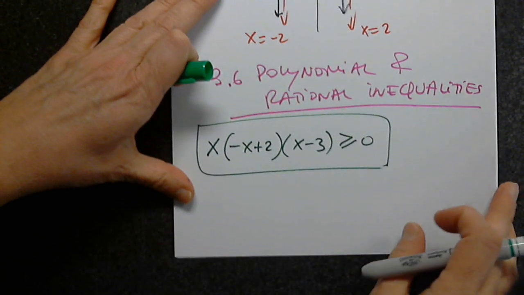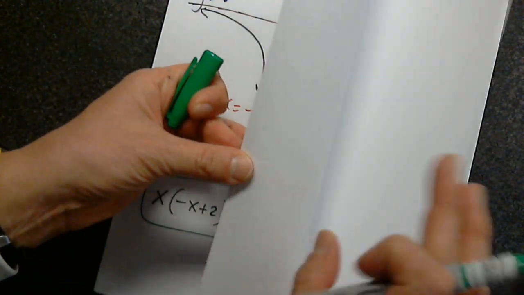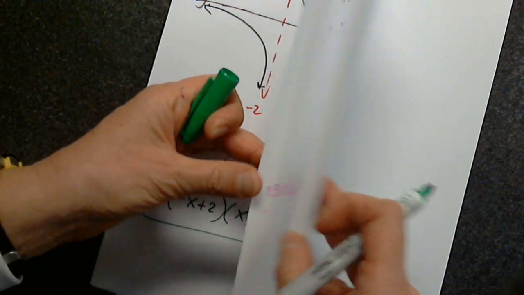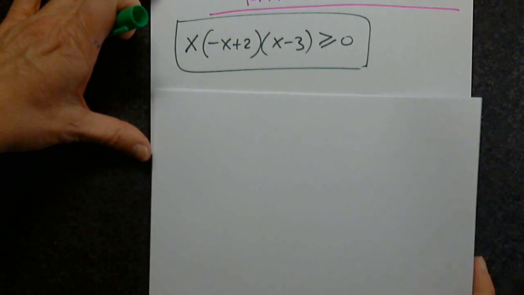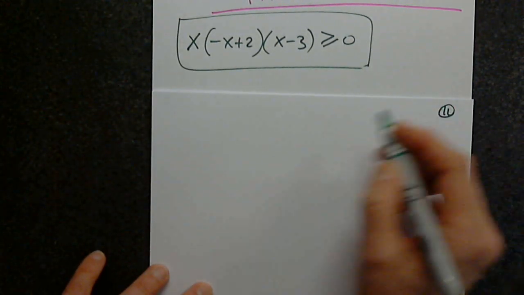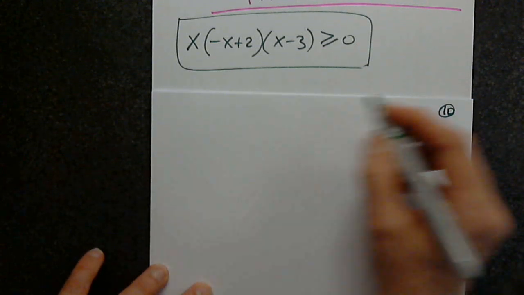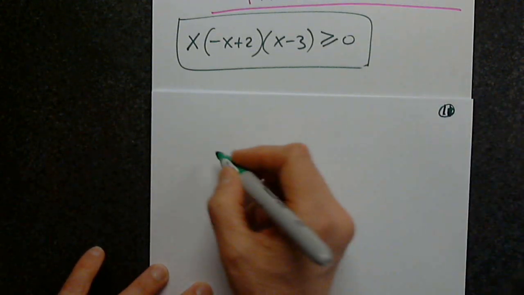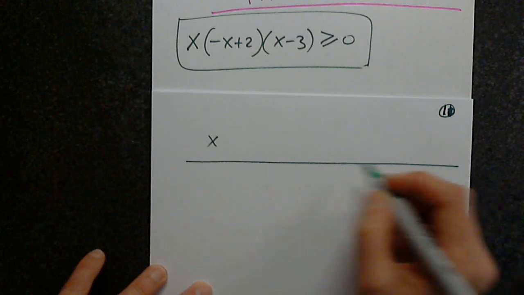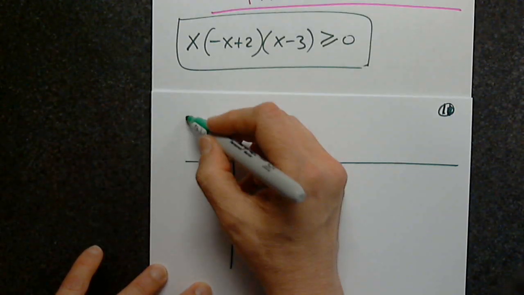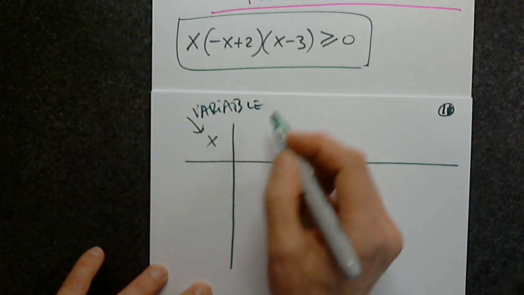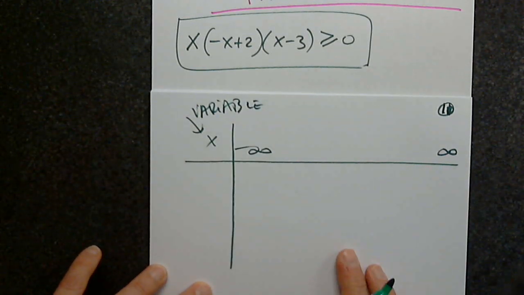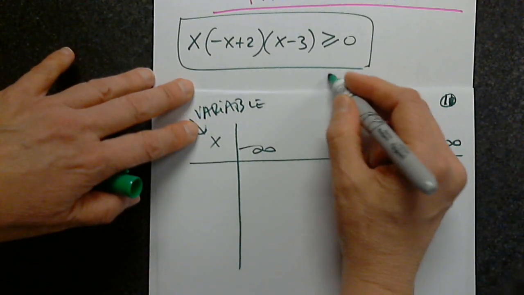Okay, so here is what I recommend. Another table. The first x will always be the variable in the problem, which goes from negative infinity to infinity. So we are solving, right?